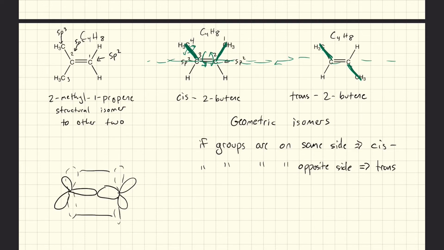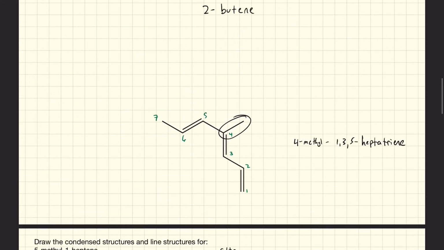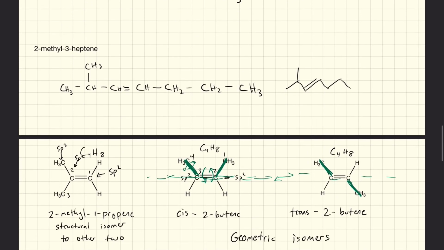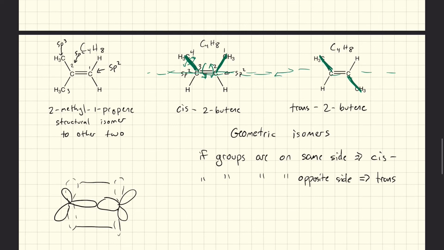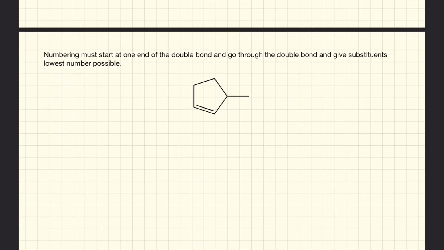Okay, so we've done alkenes, like simple alkenes. We've done branched alkenes. We've talked about geometric isomers. Now let's talk about cycloalkenes. It's exactly the same as the cyclo ones, but now our numbering has to go through the double bond, okay?